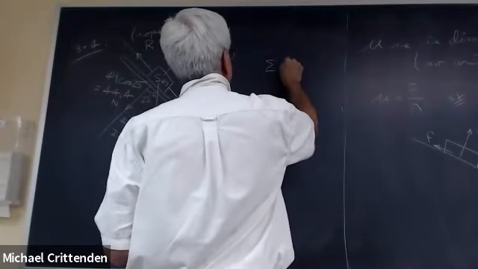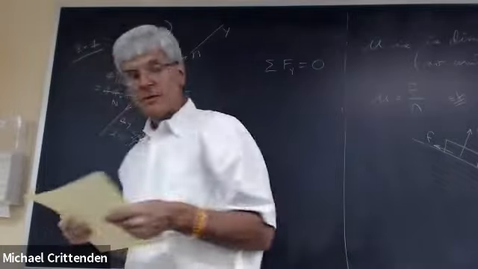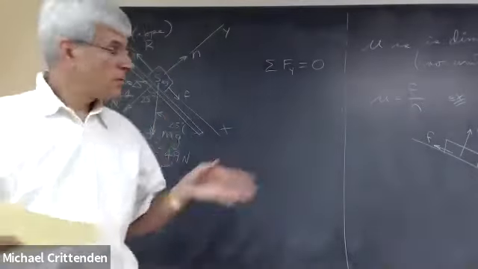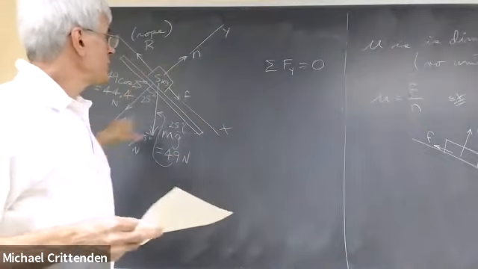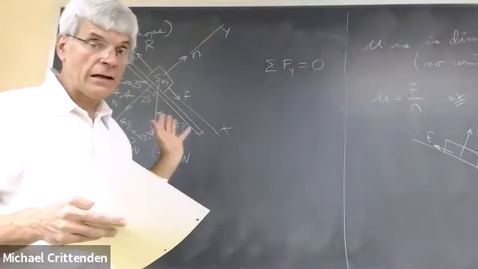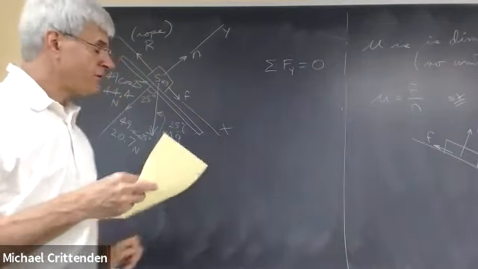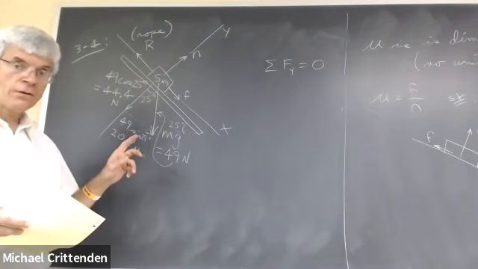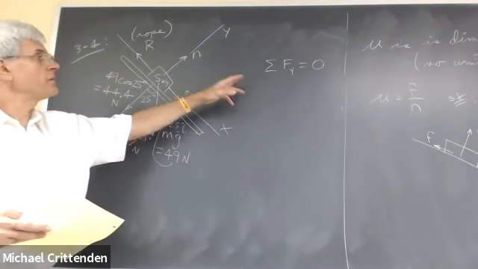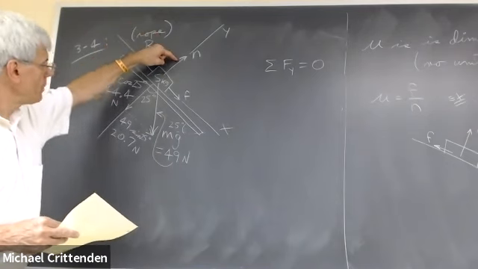Summation of the forces in the y direction equals 0, because all motion is along the x-axis. It doesn't even move in the y direction, let alone accelerate. So in the y direction, things have to balance. Every place there's an arrow parallel to the y-axis, it's one of the terms in this summation. I've got that pointing up the y-axis.